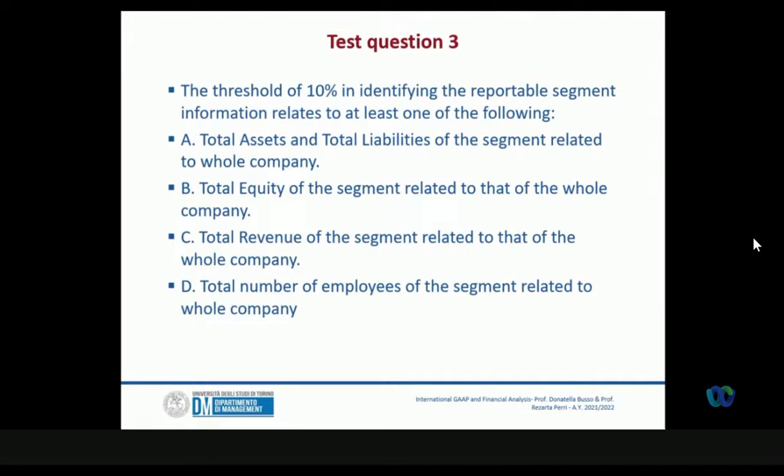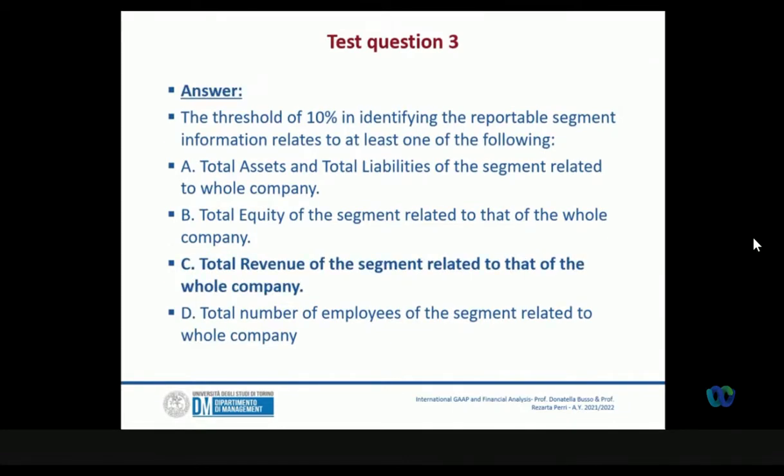Alternative B, total equity, it's not correct. Alternative C, total revenue, yes. Alternative D, again, not correct because total number of employees is not mentioned as a threshold in the IFRS 8. So again, the threshold of 10% relates to revenue, either revenue or profit or assets.